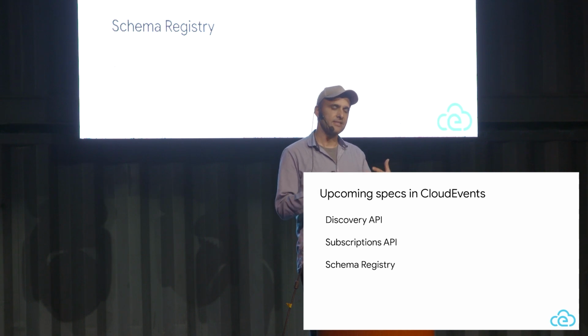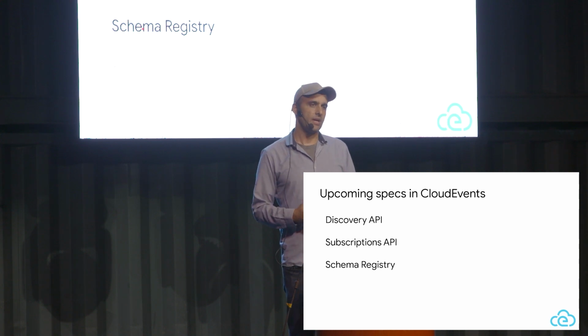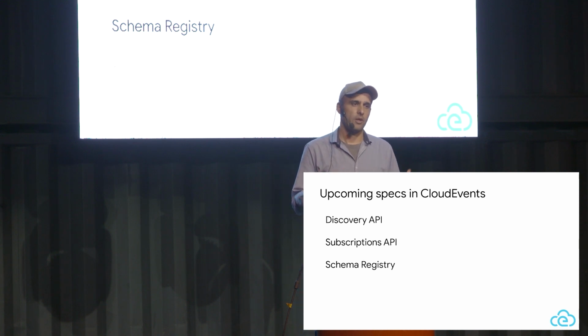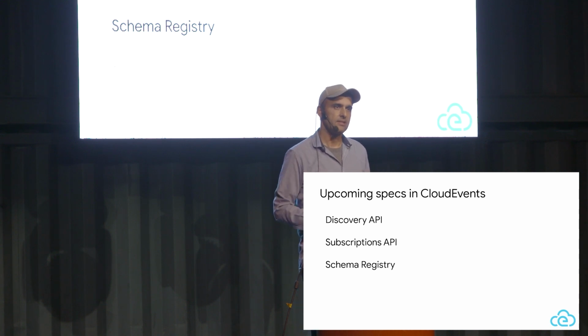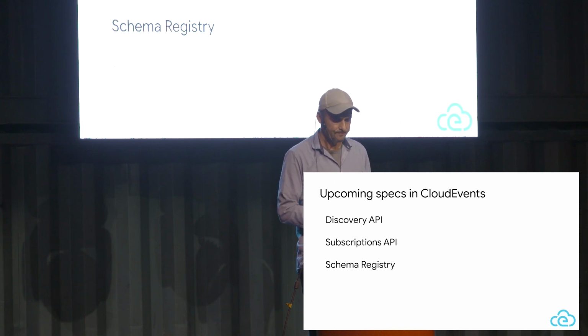So I think CloudEvents and AsyncAPI are stepping on each other's toes a little bit in that sense. But these are new specs from CloudEvents that are in progress, and at some point we'll have more than just the format of the event, but also how to discover these events and their schemas. It's something to keep in mind for future versions of CloudEvents.